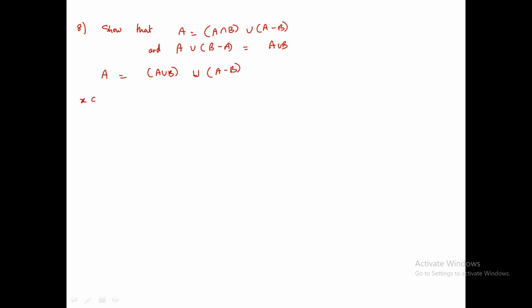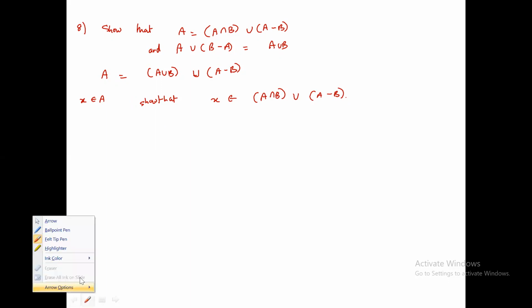I'll start with let X belongs to A. When X belongs to A, we have to show that X belongs to (A intersection B) union (A minus B). This is the first thing we will be proving now.